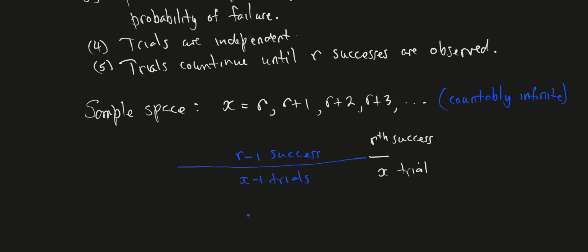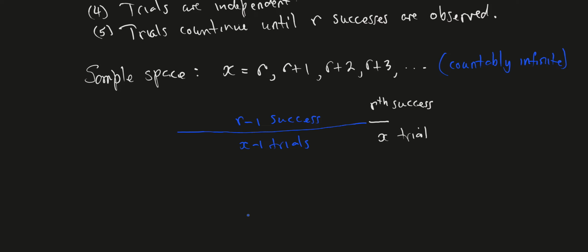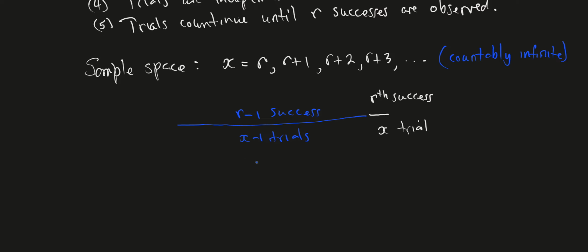So based on the binomial experiment, this would have to be our x minus 1 choose r minus 1, and then we would have to have p to the r minus 1. That would give us the r minus 1 successes.